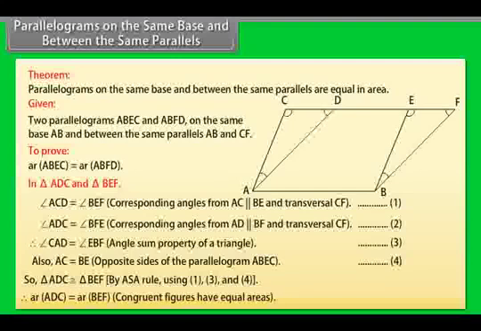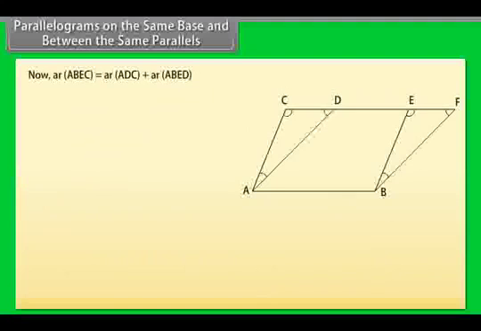Therefore, area of ADC is equal to area of BEF because congruent figures have equal areas. Mark it as 5. Now, area of ABEC is equal to area ADC plus area ABED.